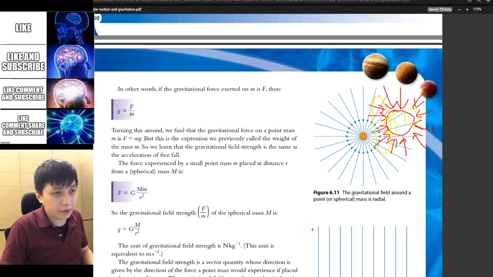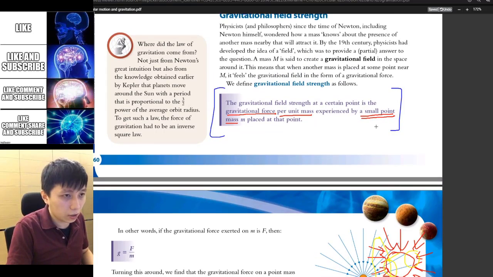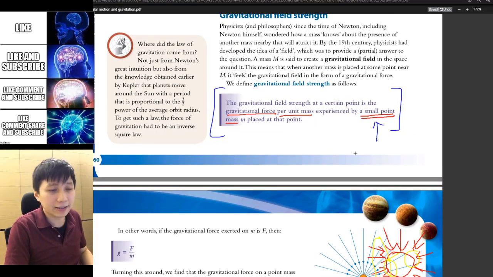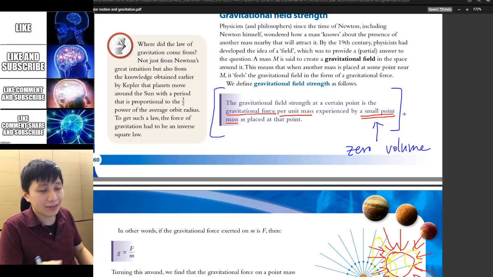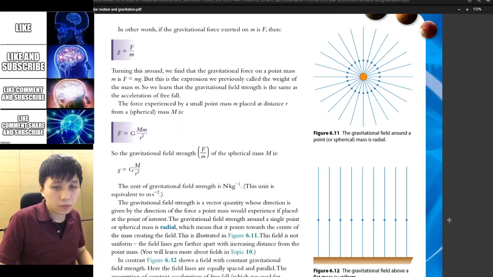Alternatively, you can also interpret the small point mass as having literally zero volume, so they don't occupy any space at all. Of course, this is a theorized ideal mass. It doesn't really exist in our reality.